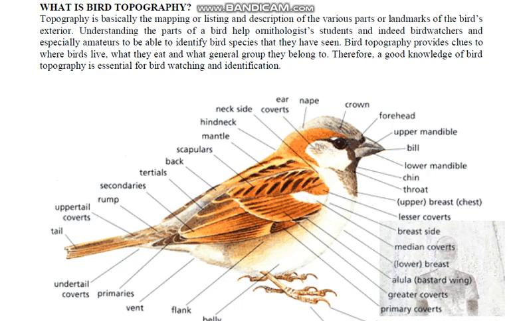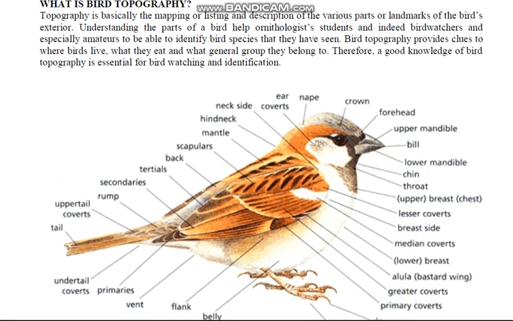That's how you could describe it easily, anatomically speaking. But you might also say it's just behind the bill, above the ear covert and just below the crown. That is how you would identify bird topography easily.